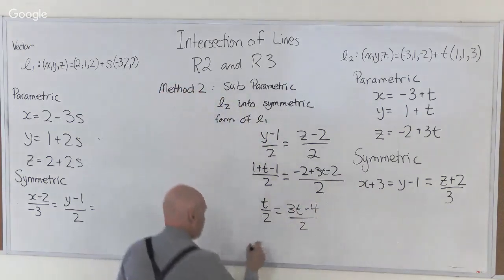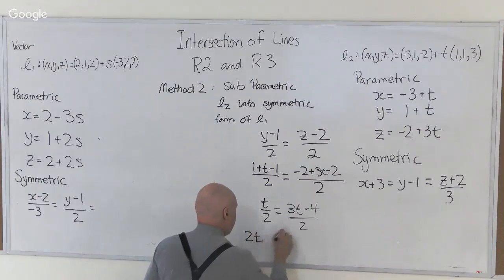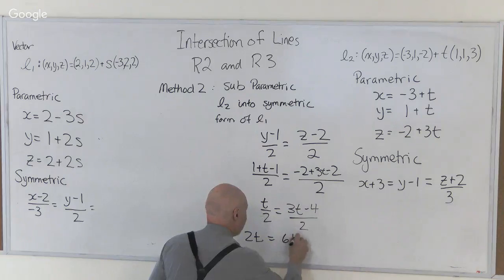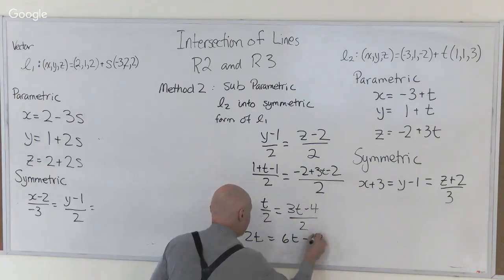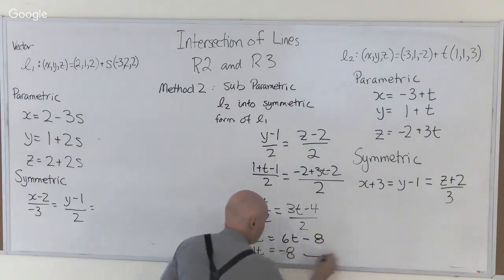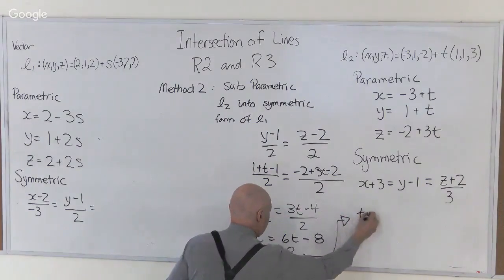And so this becomes, doing my magic cross multiplication, 6t minus 8. Let's move the t's over to the left side. -4t equals -8. I wind up with t is equal to 2.